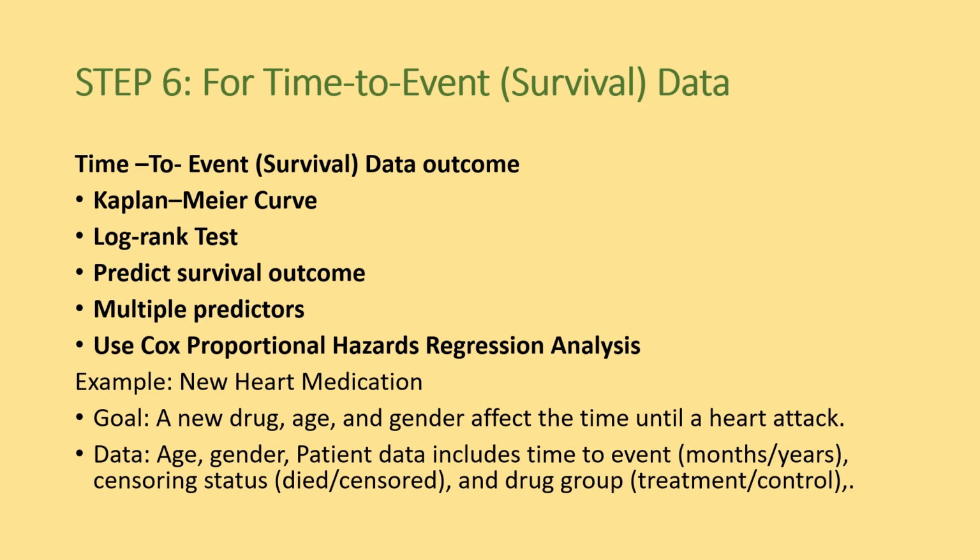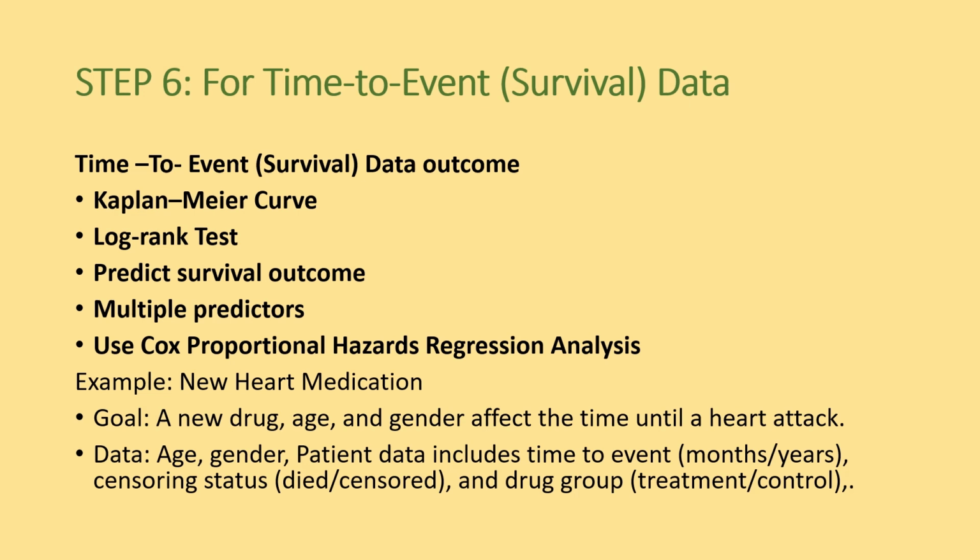For time-to-event survival data, the outcome uses different tests: Kaplan-Meier curve, log-rank test. If we have several predictors, we use Cox proportional hazards regression analysis. Example: new heart medication.